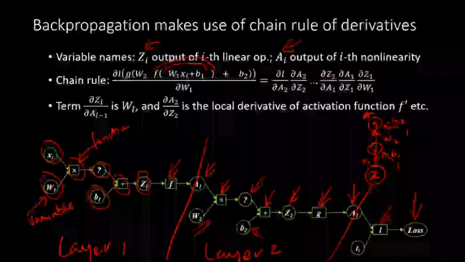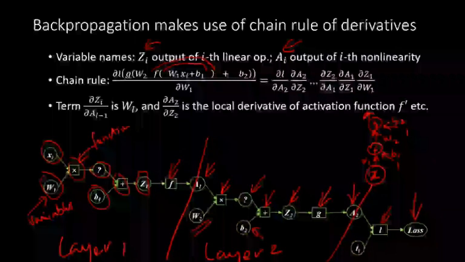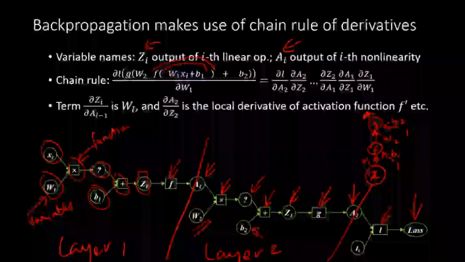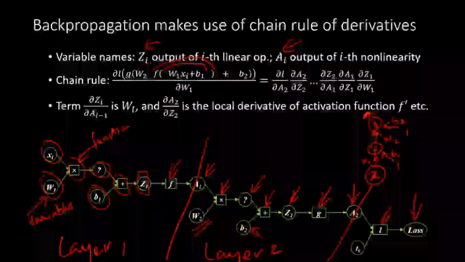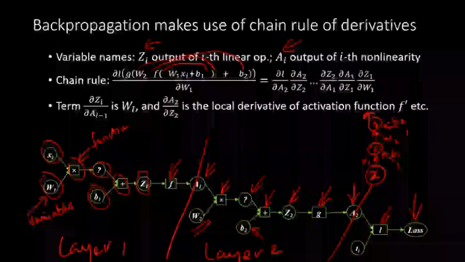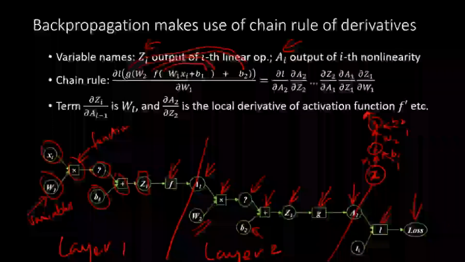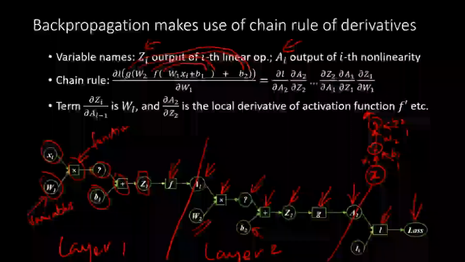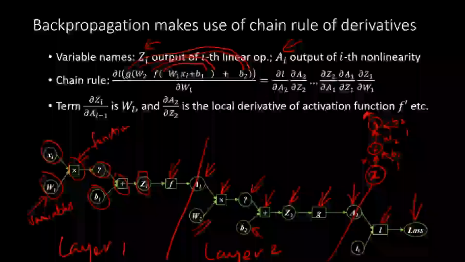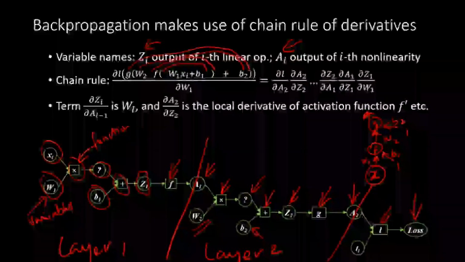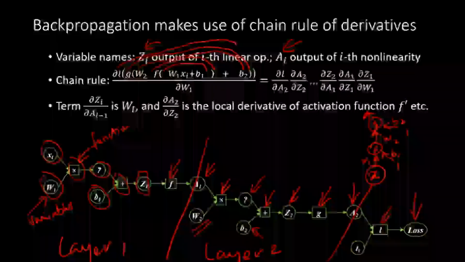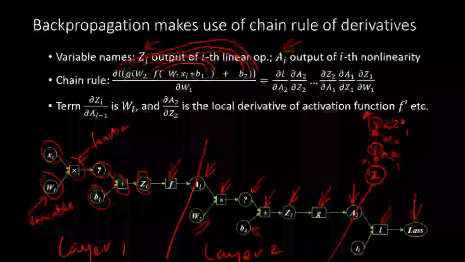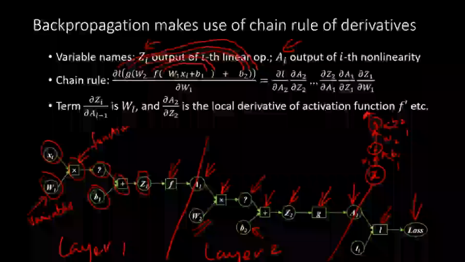So this bigger bracket is A1, and then A1 is multiplied with W2, and we add B2. So this is going to be Z2, and then it is given as an input to G, and what we get out of that is A2. So this is the layered structure of the neural network, and then we put that inside the loss L, right? So that is the final bracket, the final layer. So we are treating loss also as a layer.